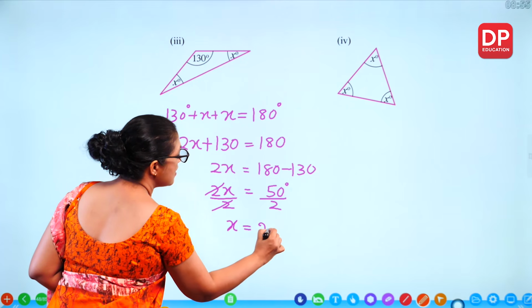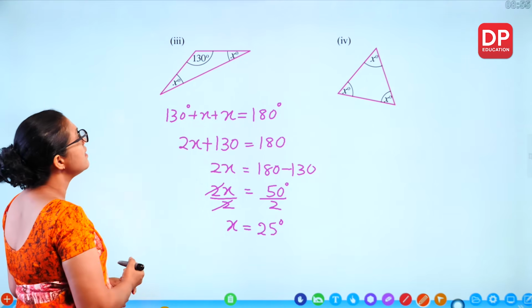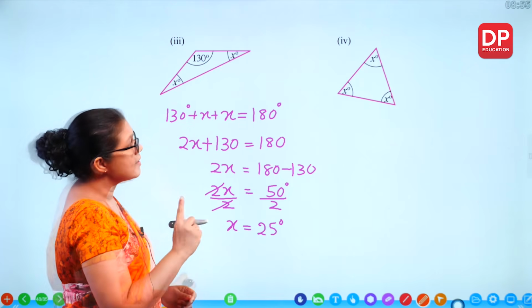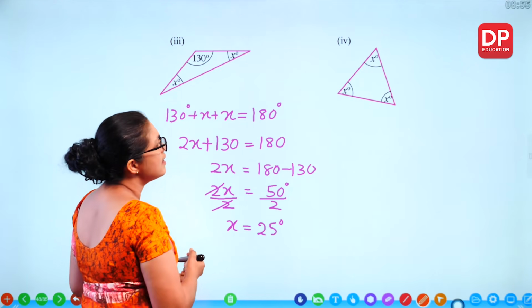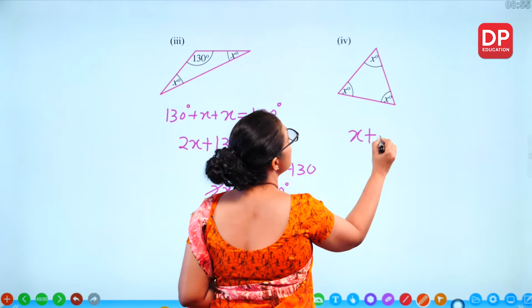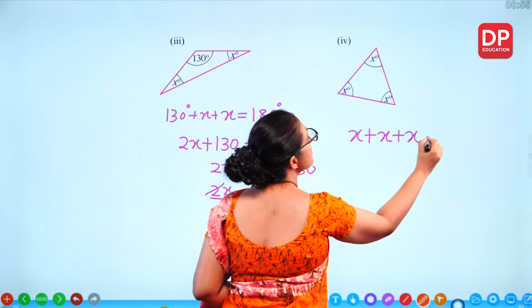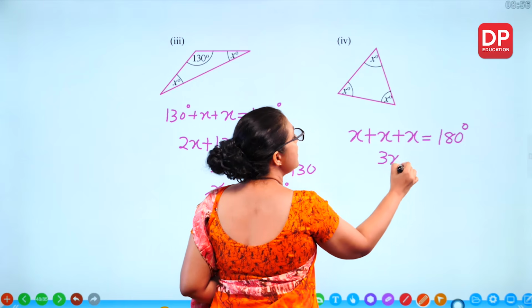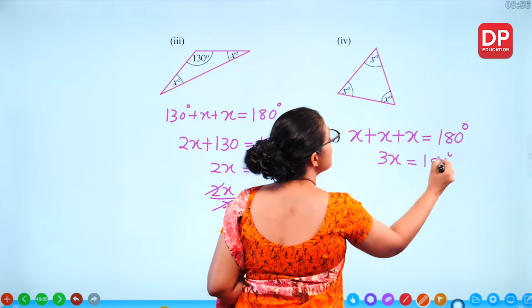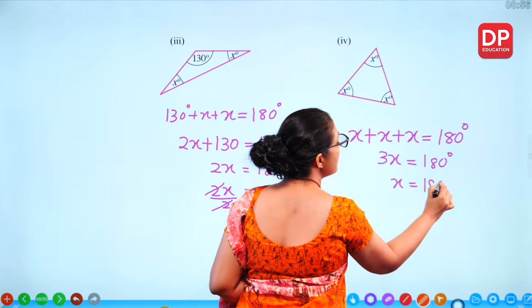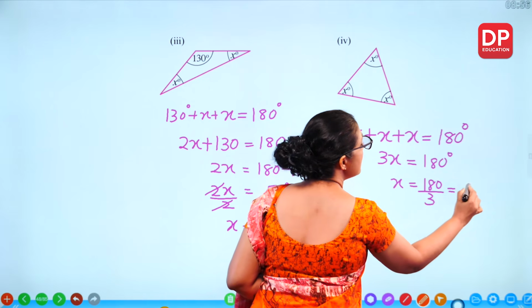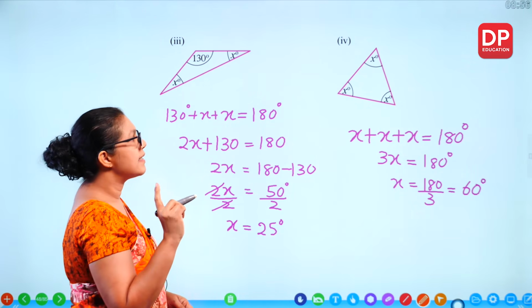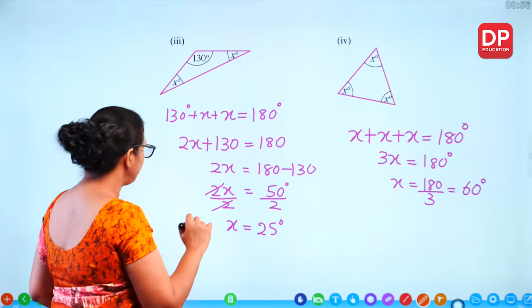X equals 25 degrees. This one, all angles are equal. What's the triangle? Equilateral triangle. So we can say x plus x plus x is 180. 3x is 180 means x equals 180 divided by 3, 60 degrees. So in an equilateral triangle, each angle is 60 degrees.